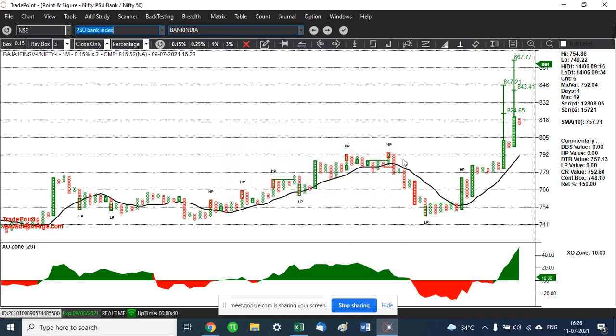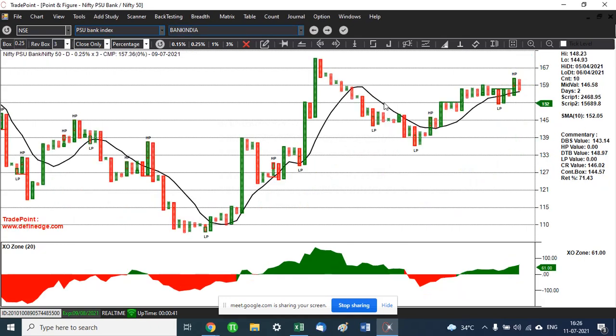This is showing us the relative strength chart of Nifty PSU Bank plotted against the Nifty on a daily time frame. Here we can see that currently we are in a column of O, which means we are undergoing a correction as far as relative strength is concerned, and it is just at the moving average. So it can either take support here or it can turn bearish by going below the moving average. So this way we can check all the sectors.